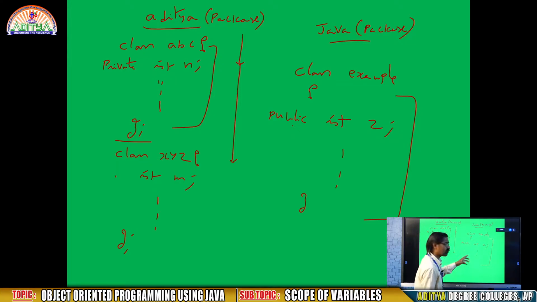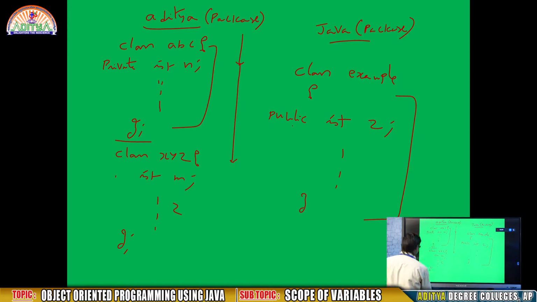Here z is public, so within the class it is accessible. But if you want to use z in xyz, it is possible that you access the z that is available in the example class into xyz. The same z can possibly be accessed in ABC. It will be allowed anywhere. This is what is called public.